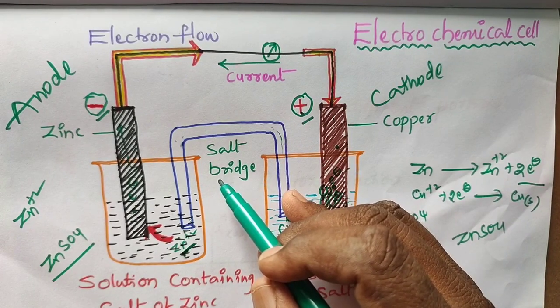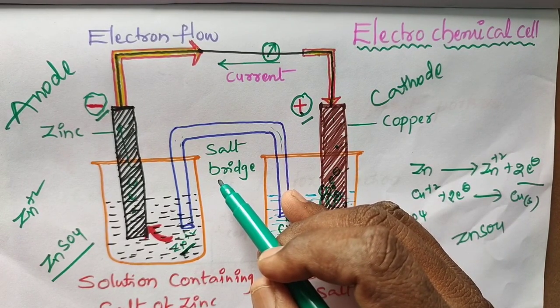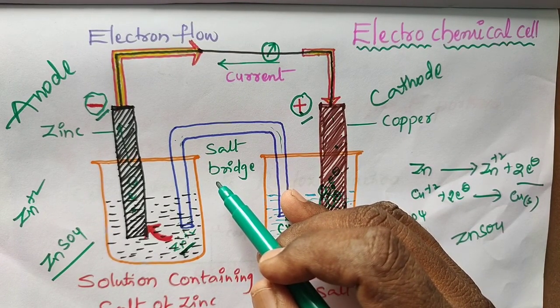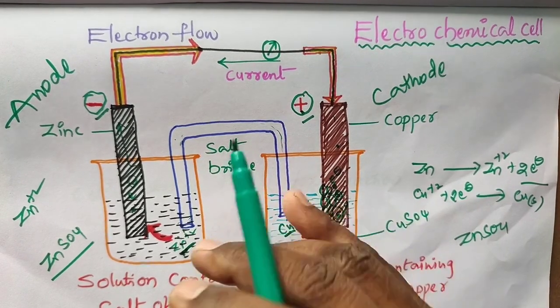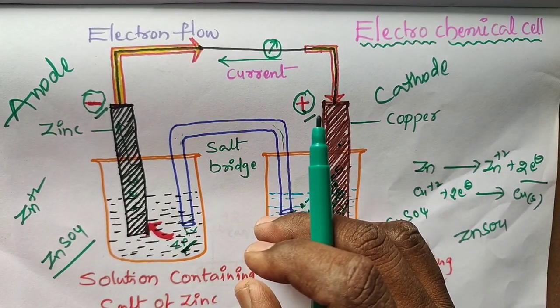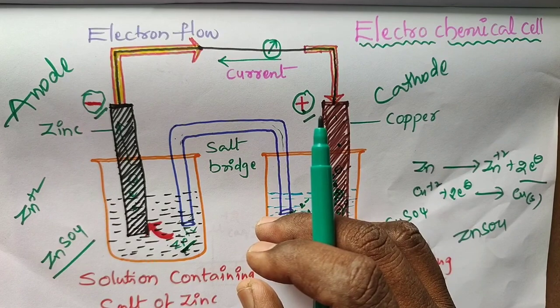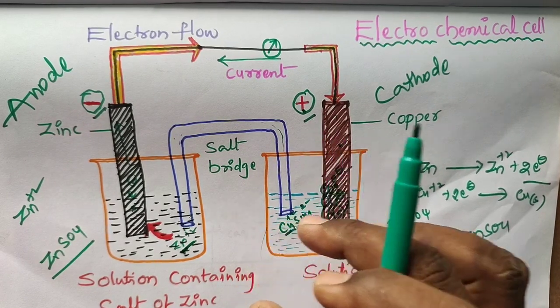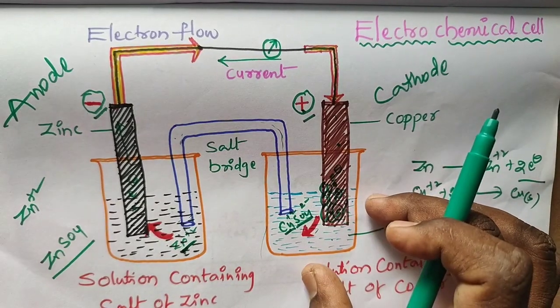From the thermodynamic point of view, the Gibbs energy of the spontaneous redox reaction is converted into electrical work. So these types of cells may be used in running a motor and other electrical gadgets like heater, fan, grease and so on. So this is a galvanic cell.